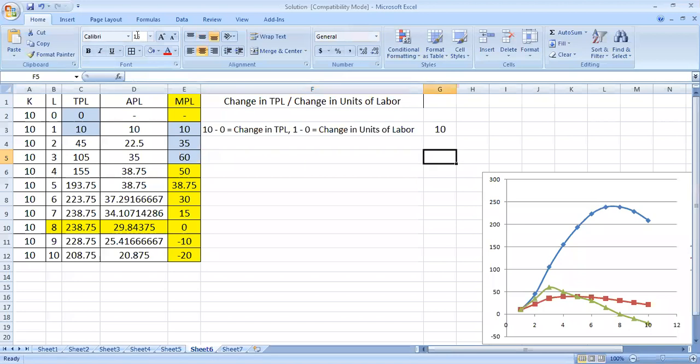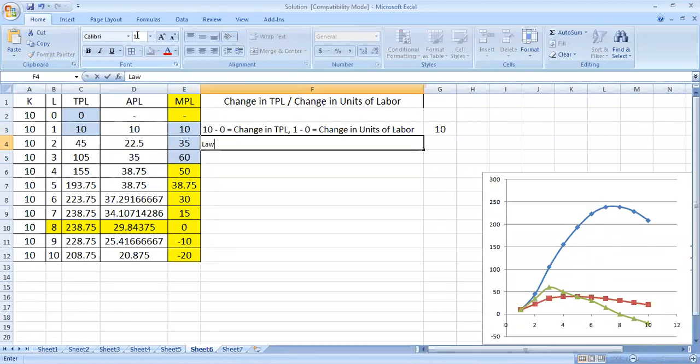But I'm just trying to make it clear that these three values are based upon the law of increasing returns, right? I've assigned these hypothetical values by borrowing the concept from the law of increasing returns. What happens within the law of increasing returns?